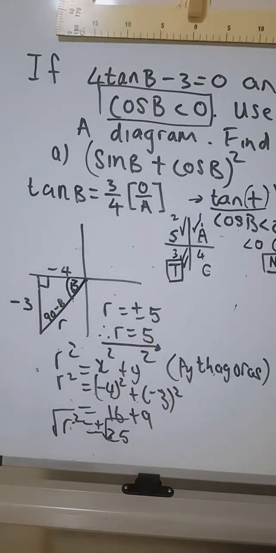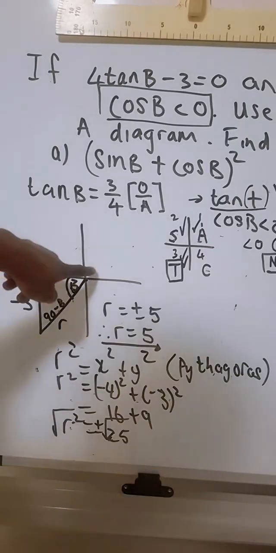R is always positive, not negative, guys. The only values that change according to our quadrants are x and y, but r in all quadrants is always positive. Doesn't matter what quadrant we are in, r is always positive.